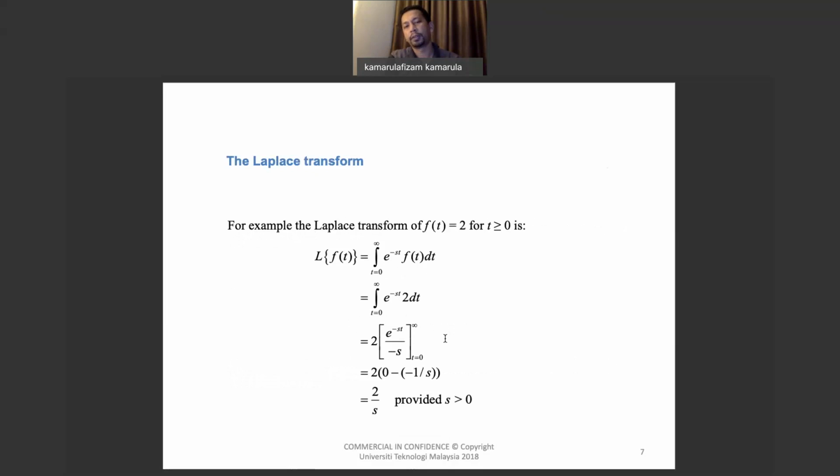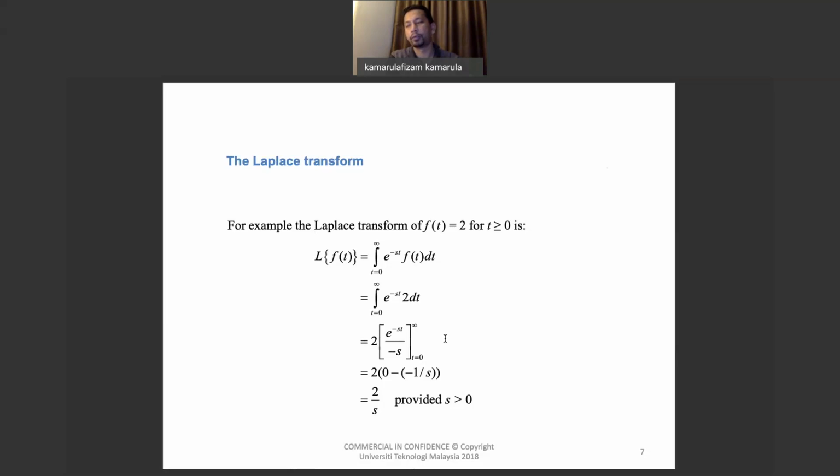For example, if we were working on the function f of t equal to 2, we replace f of t with 2 in the equation, and we finally have the Laplace transform of the constant 2: that constant number multiplied by 1 over s.